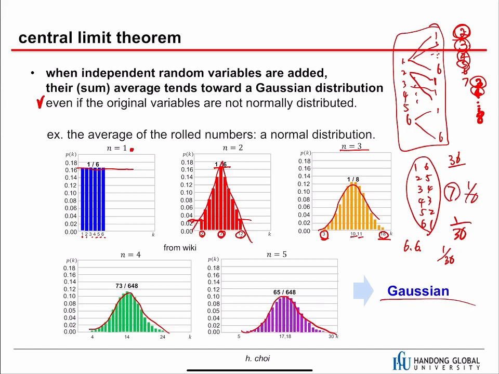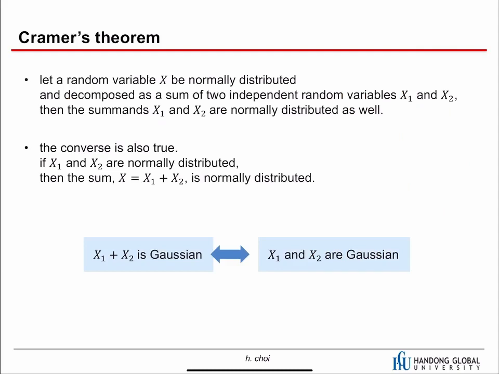So even if the original variables are not normally distributed, if we add or take the average of these events, then it converges to Gaussian. So Gaussian is beautiful in many ways. And Cramer's theorem says something about the Gaussian distribution too.